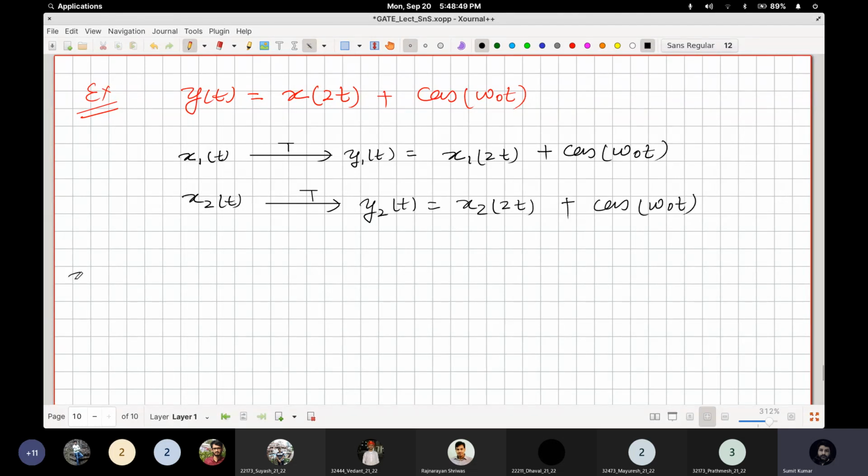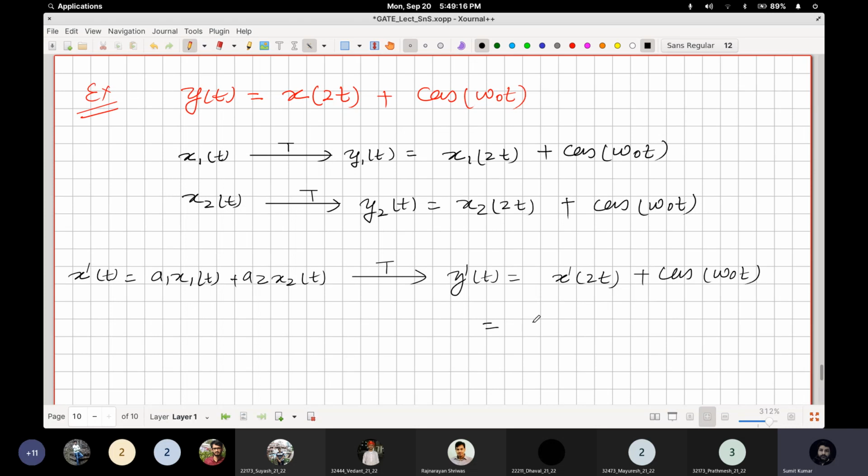And let's say when your input is x dash of t, which is equal to a1 x1 of t plus a2 x2 of t, then your output, let me assume this to be y dash of t, is going to be equal to x dash of 2t plus cos omega naught t, isn't it?